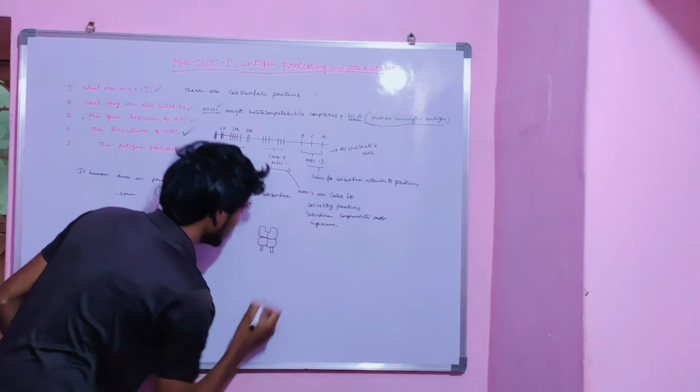Okay. Invasion. That means it penetrates into the cell, and the bacteria multiplies in this cell, takes over the cell machinery, replicates itself more and more in number, and infects the cell.